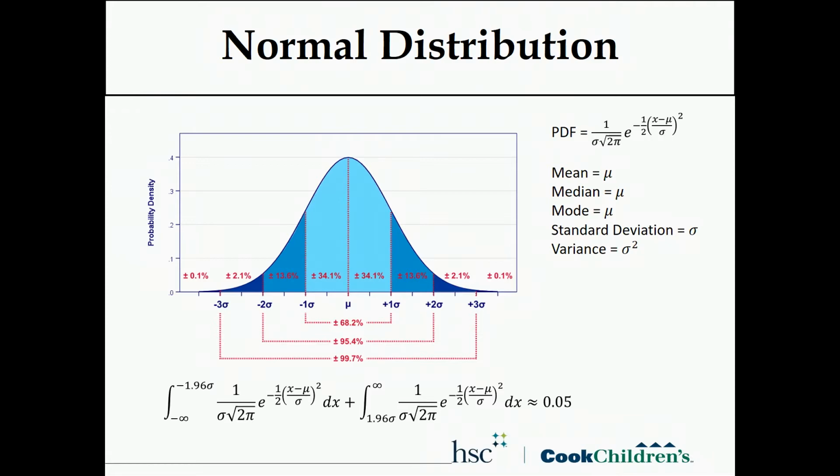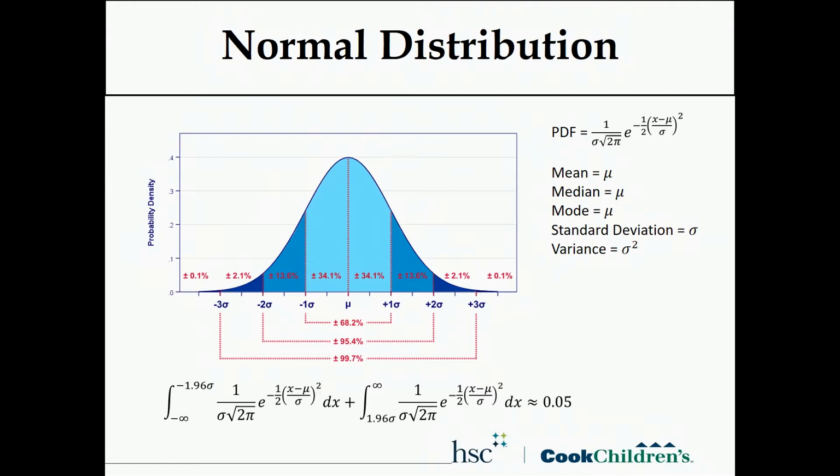Whenever you're looking at a probability distribution function and you take the area under the curve from one point onward, you're getting the probability that something's greater than some other value. If you look at the dark blue for 2 standard deviations or above, it's going to be that 2.1% plus 0.1% for greater than 3 standard deviations.